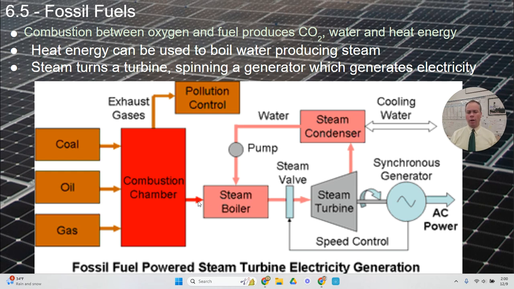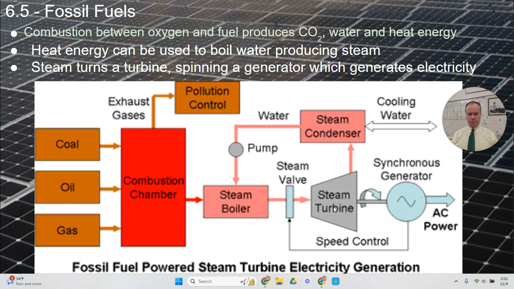As that boiled water turns into a gas, it moves through a valve where it spins a turbine. A turbine is basically something that will turn when it is acted upon by rising steam or by wind power or water power. All of those things can turn this turbine.